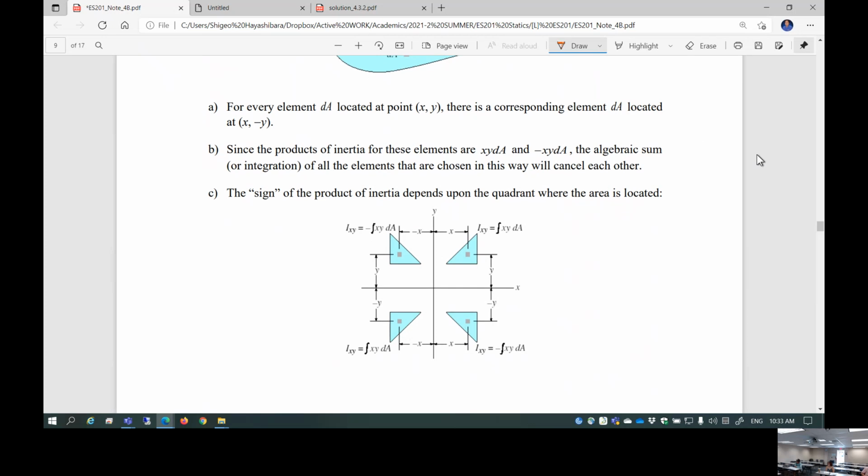Suppose you design an I-beam which is not symmetrical at all. Do you actually use that kind of stuff? Not quite often. So product of inertia is usually not quite important, at least in my own experience. In structural analysis, is product of inertia going to be an issue?